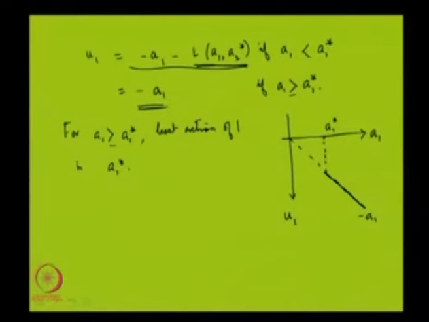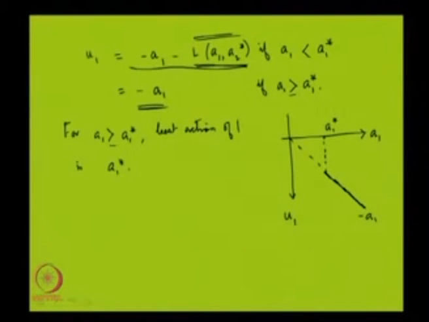So, if this L rises, the entire thing becomes low, the U1 falls. In that case, I will like to keep A1 as high as possible, because if A1 is high, then L is low, and so U1 is high. So, player 1, by going by this L part, will like to keep A1 as high as possible.